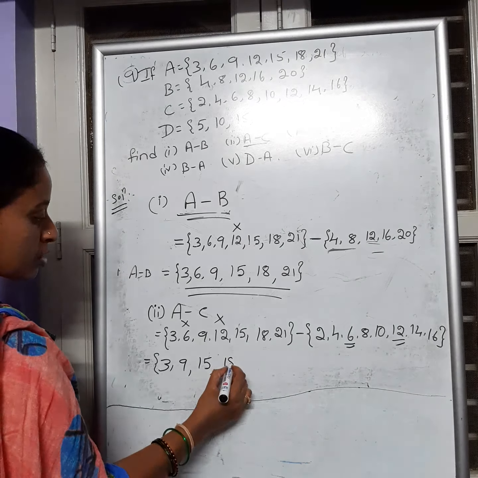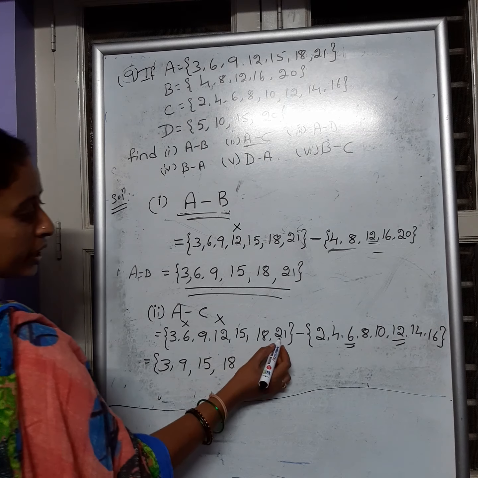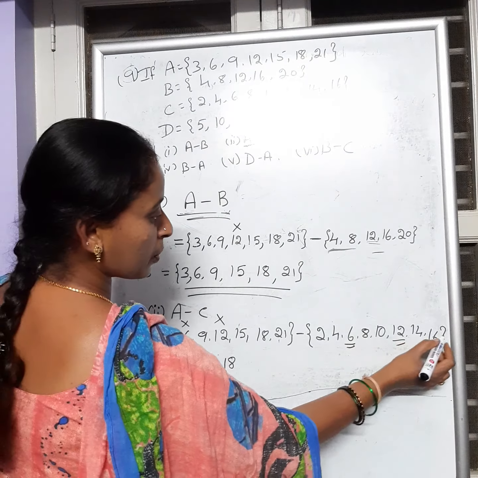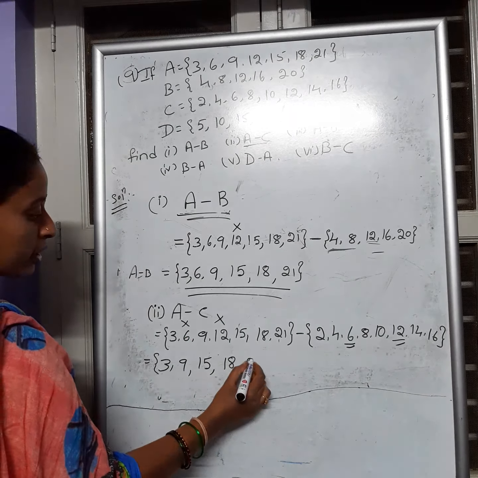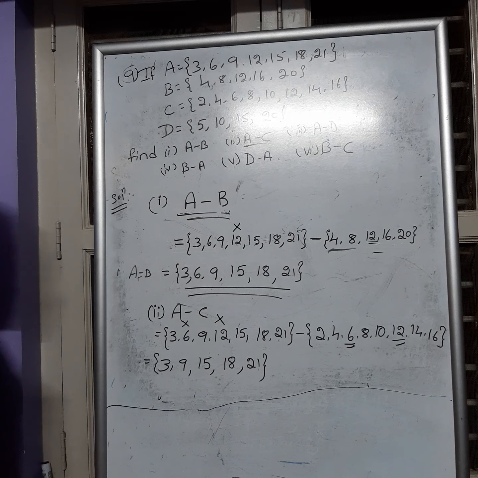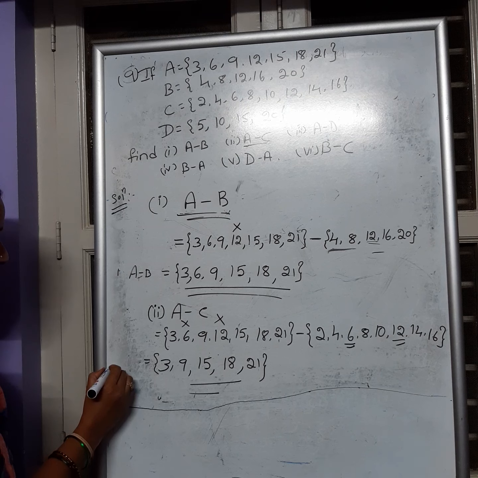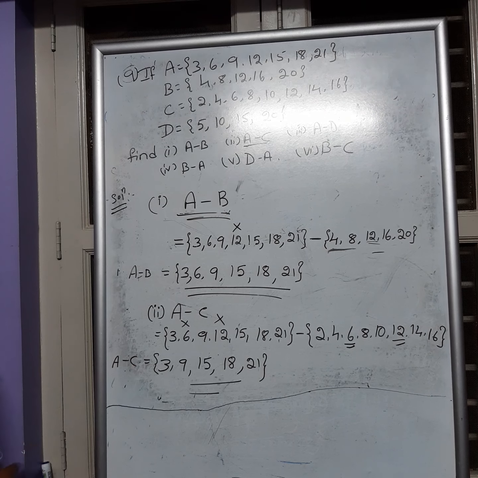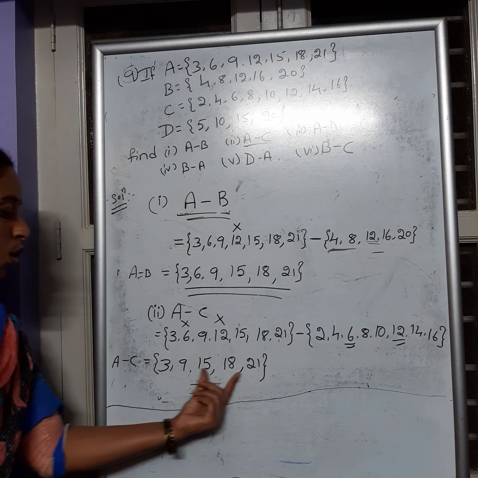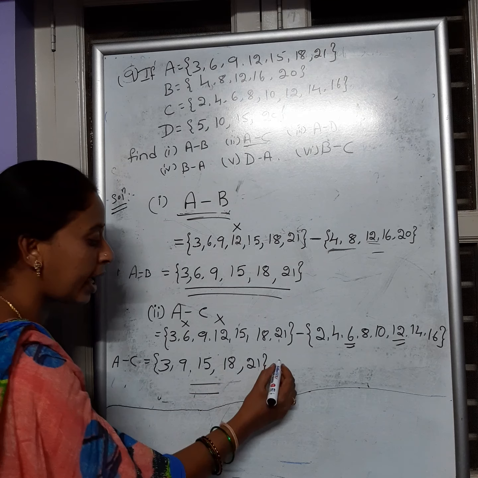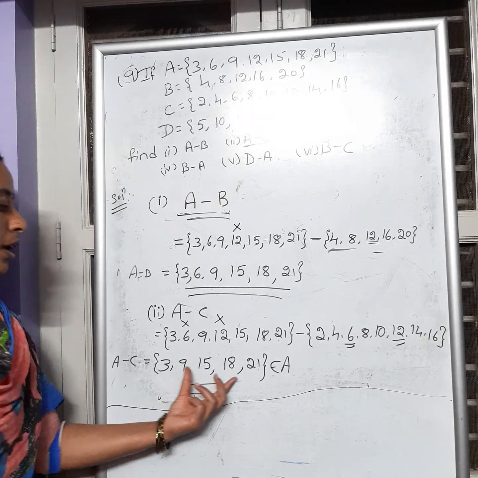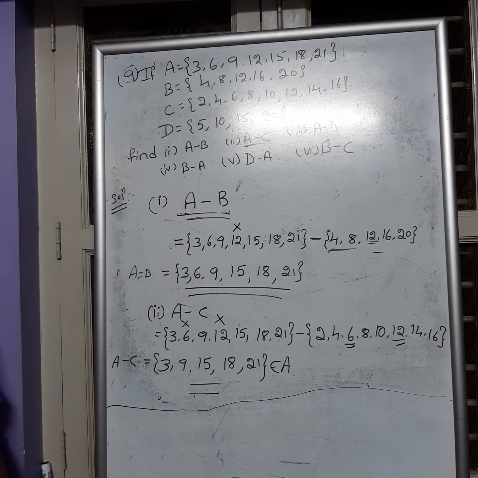So 18 we also collect. Next 21. 21 is also not present in this set. So 21 we also collect. This is the solution of A minus C. And these elements all belong to A but not to C.